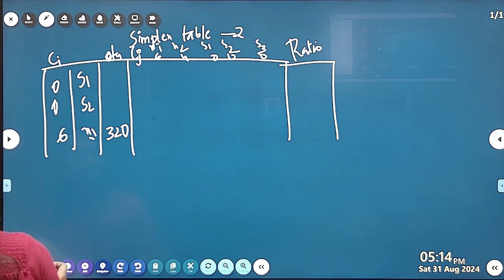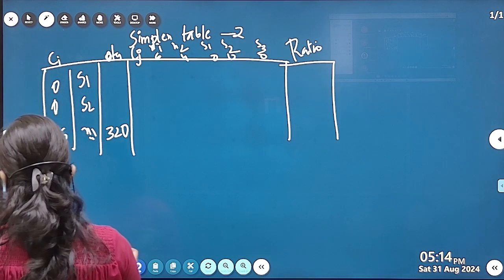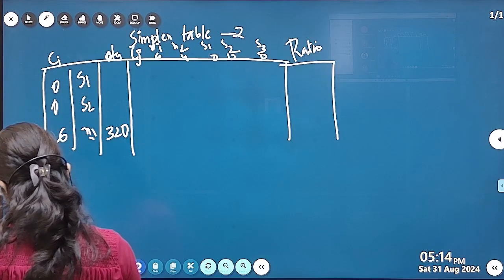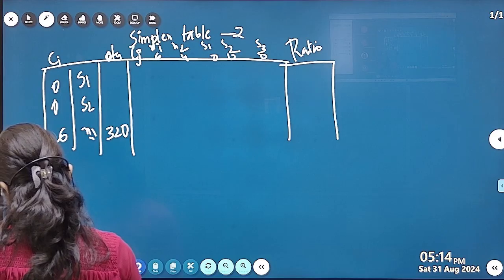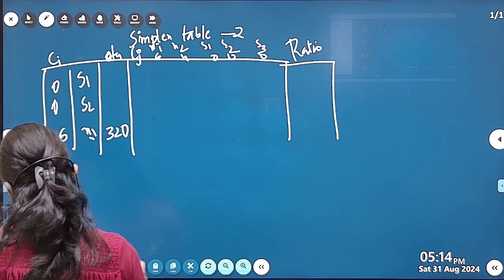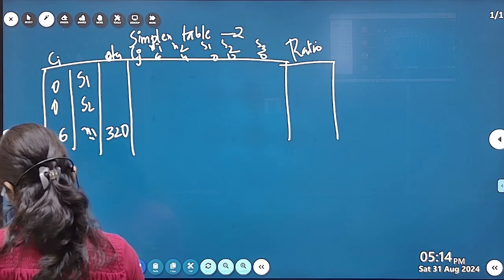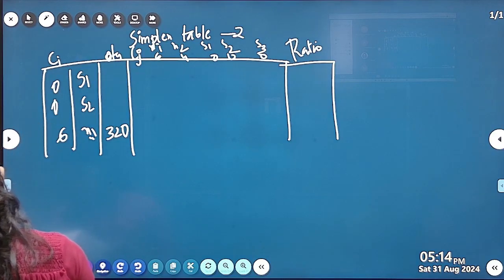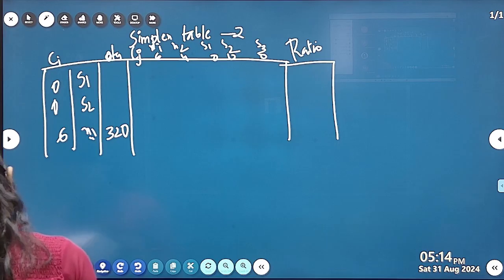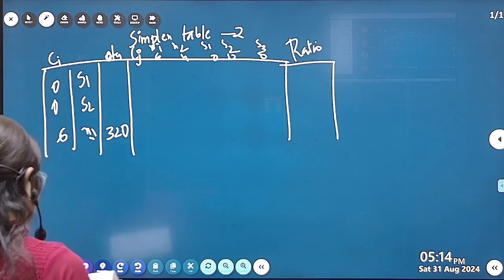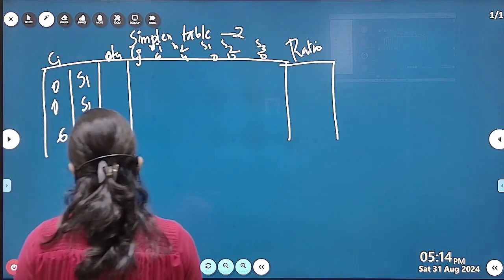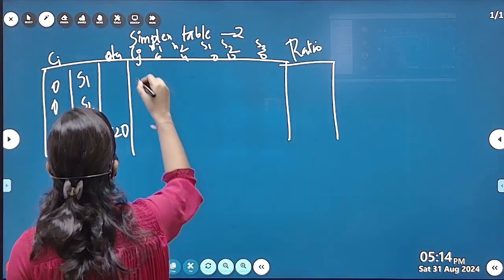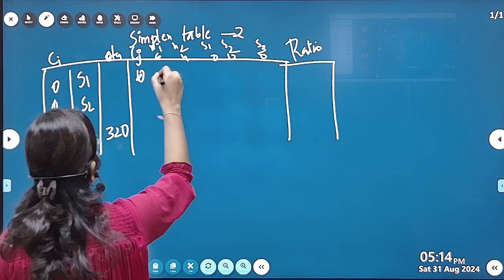It is replaced, so tell me the x1 values. Ma'am, 0, 0, 1. Yes. So this will be, sorry, not this.